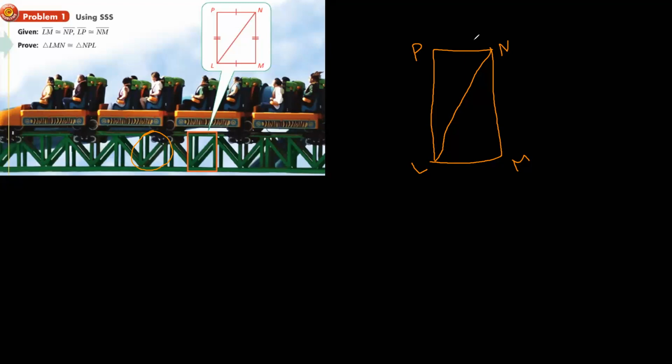Here we have a problem where I want to use the SSS postulate. It tells me that, given line segment LM, where's LM? This one. It tells me that LM is congruent to NP, and also LP is congruent to NM.